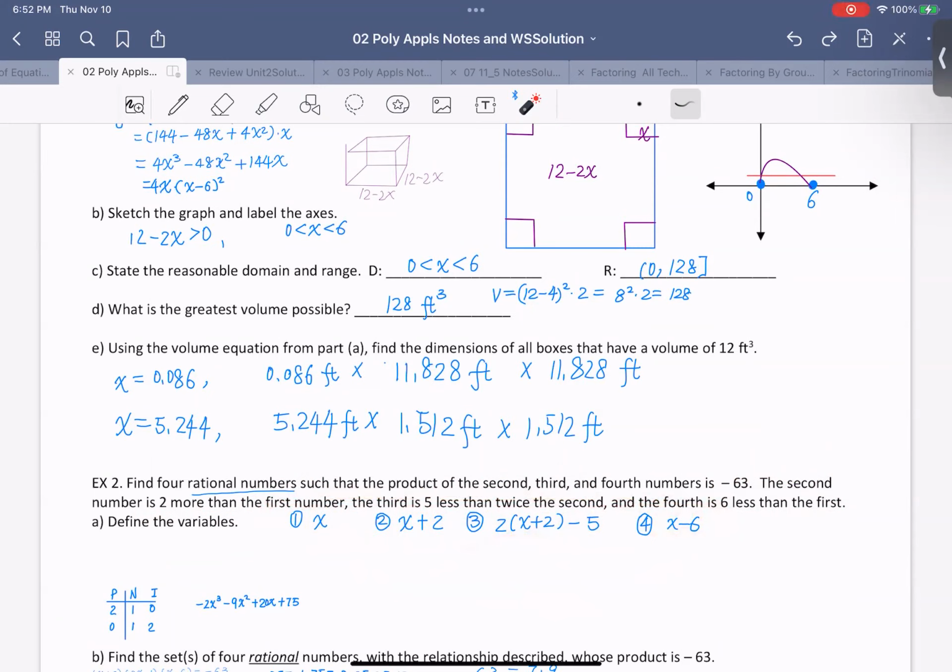And they give you a condition by making this three-term product negative 63. So please use this three product equals negative 63. And then you will have a polynomial.